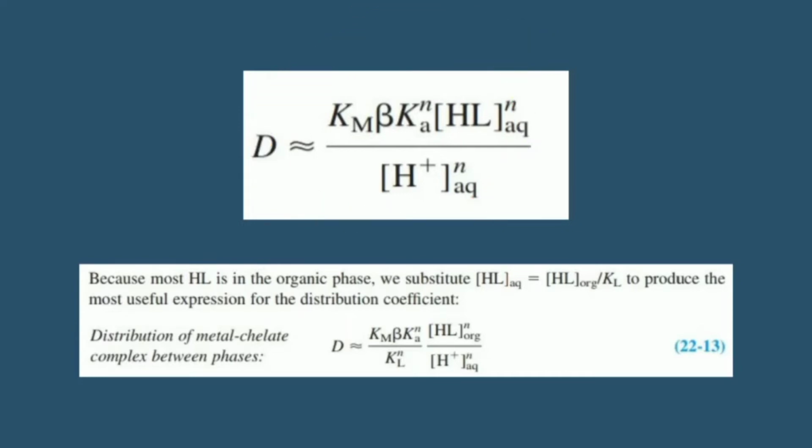But most of our protonated ligand is in the organic phase, and that means we can substitute the concentration of our protonated ligand in the aqueous phase with the concentration of the ligand in the organic phase divided by the partition coefficient of the ligand, and our distribution coefficient looks like this. Thus, the distribution coefficient for metal ion extraction depends upon the pH and the ligand concentration.